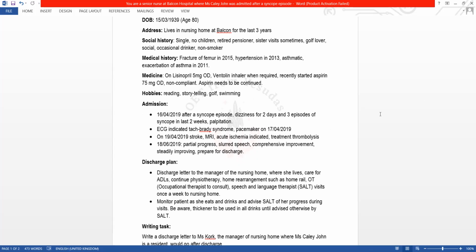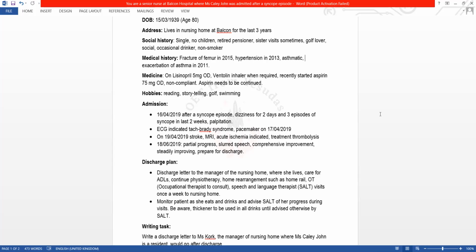On 16th of April 2019, after a syncope episode, dizziness for 2 days and 3 episodes of syncope in the last 2 weeks, and palpitation. These are the reasons for admission of Miss Caley John to Balkan Hospital.